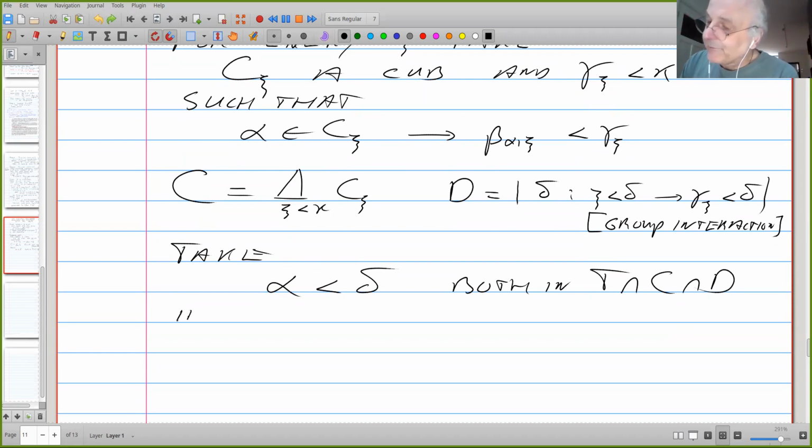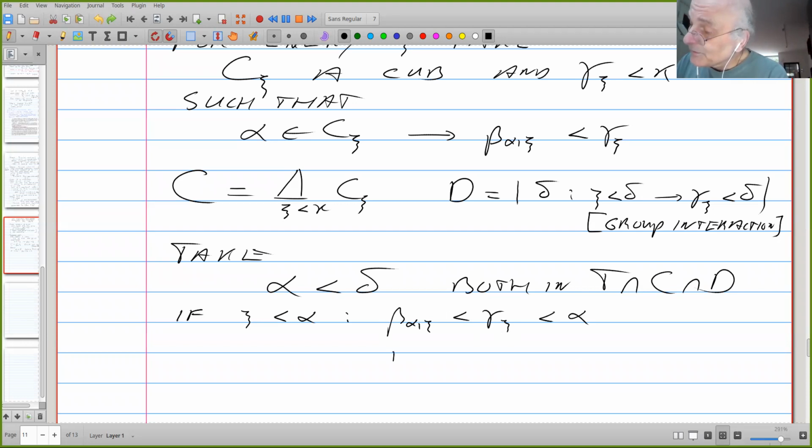If psi is less than alpha, then what happens? Well, beta alpha psi is less than gamma psi is less than alpha. Because alpha belongs to D, gamma psi is less than alpha, and because alpha belongs to C and psi is less than alpha, we have this.